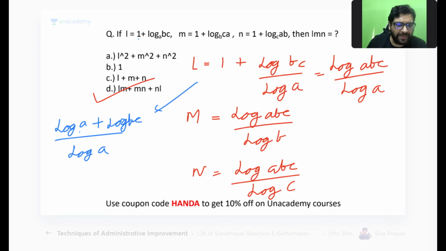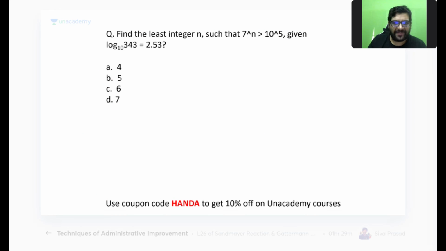That means it will be log of A into B into C, by log A. Tanu, this is what you were asking. I think Tanu and Siddharth, both of you were asking the same thing. Got it? Okay.